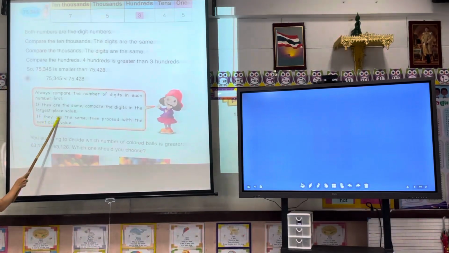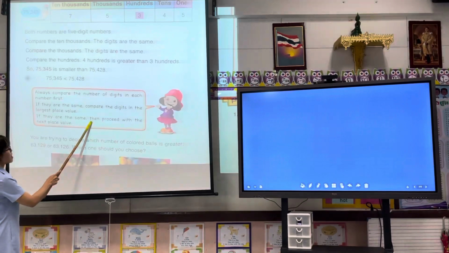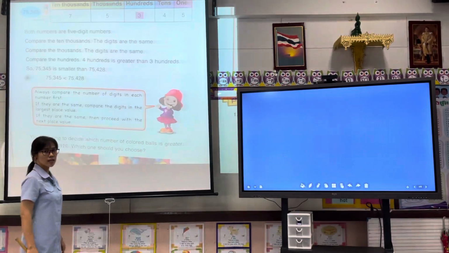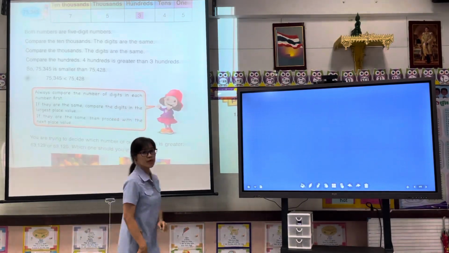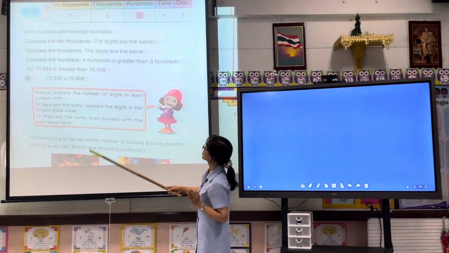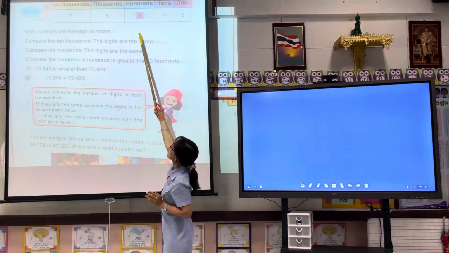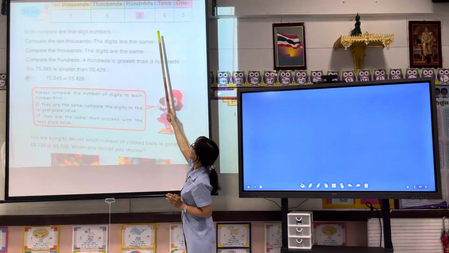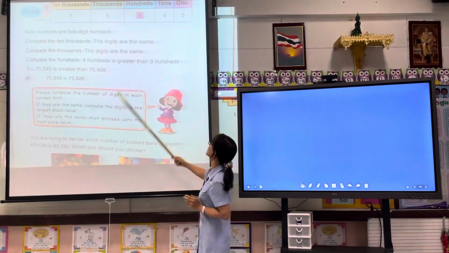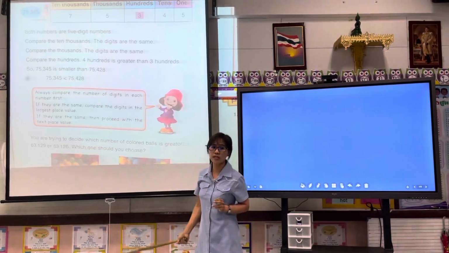If they are the same, then proceed with the next place value. If the 10,000s are the same, go to thousands. If the thousands are the same, go to hundreds. What about if the hundreds are the same? Then go to the tens until you reach the ones.